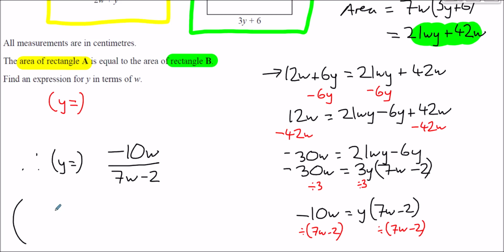Or we could have had, instead, if you multiply both top and bottom by minus 1, we could have also had 10w over 2 minus 7w. So both of these answers are equally valid. So either minus 10w over 7w minus 2, or this answer here, 10w over 2 minus 7w.